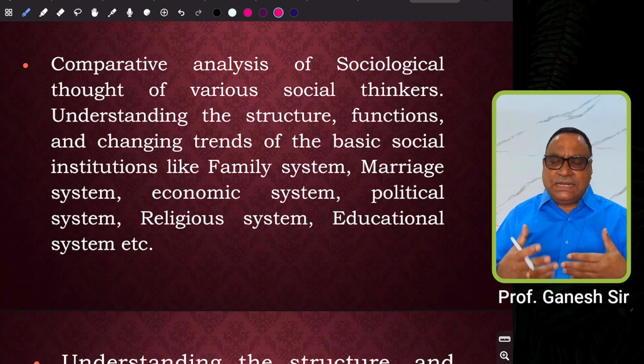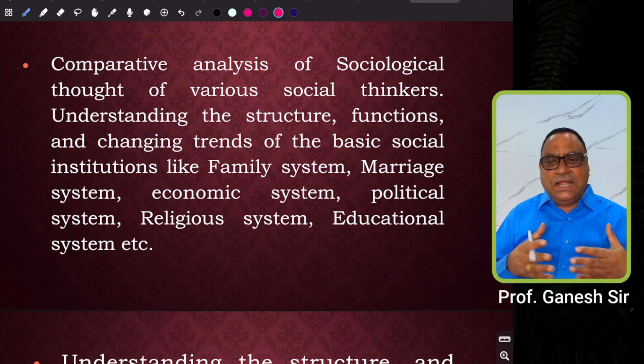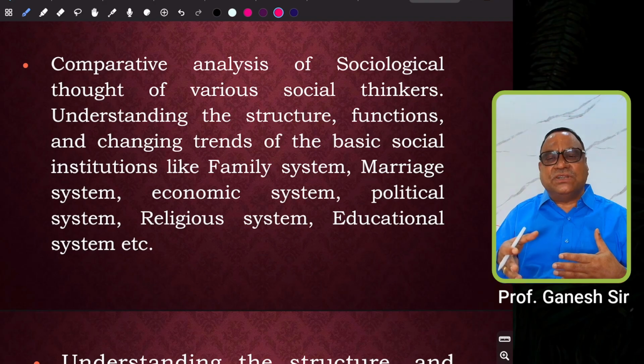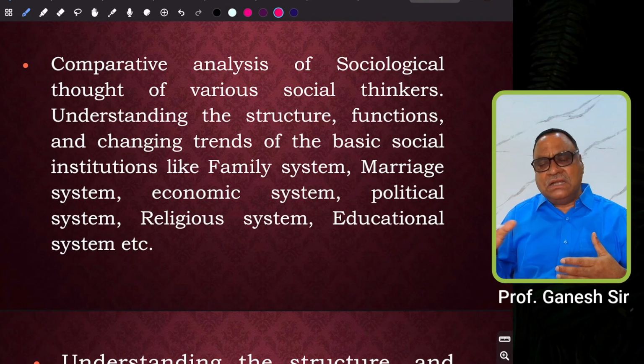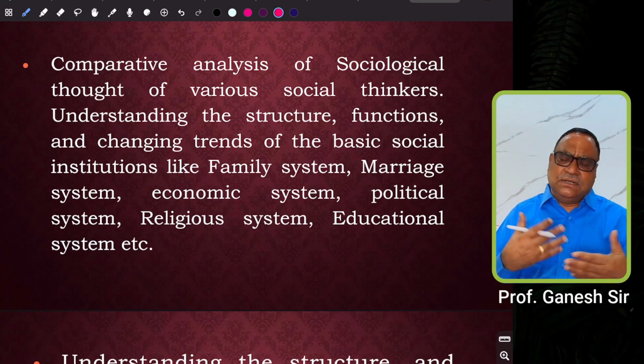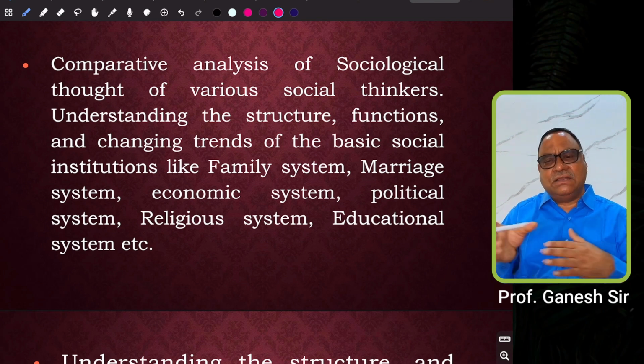Similarly, comparing the views of Talcott Parsons and the neo-Marxist thinkers like Antonio Gramsci and Nicos Poulantzas on power and state. So different types of questions can be asked to compare the views of one thinker with another thinker. So this is also very important.